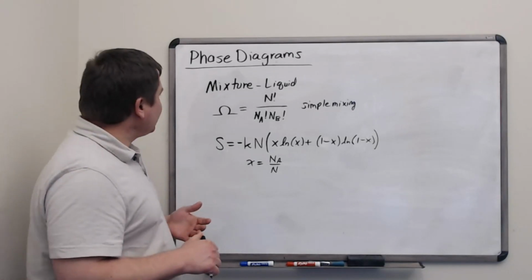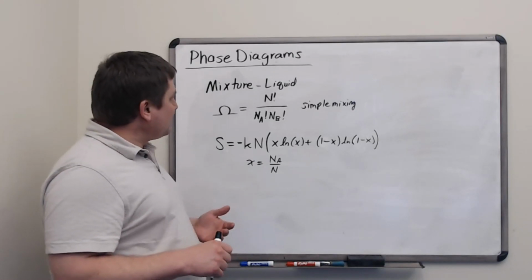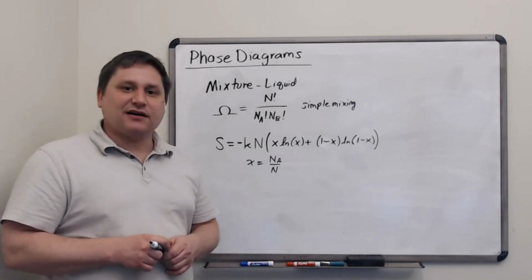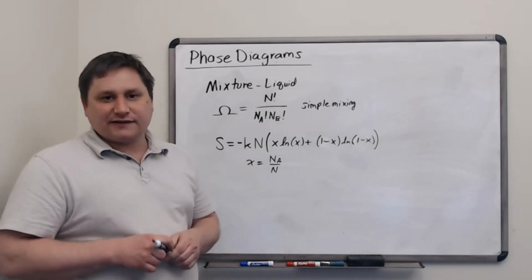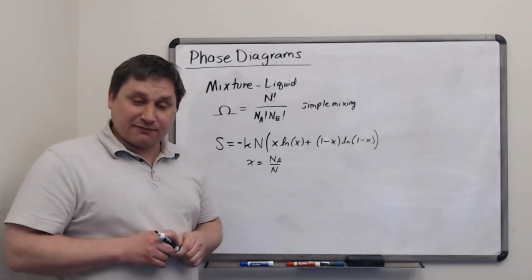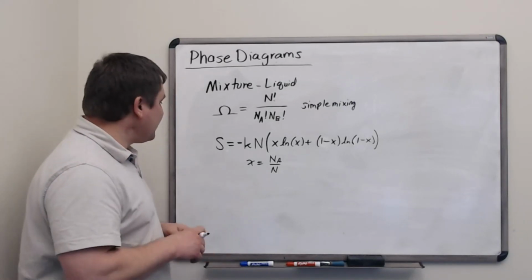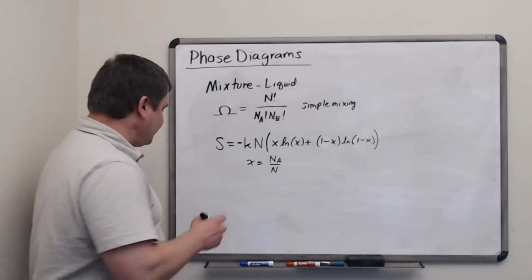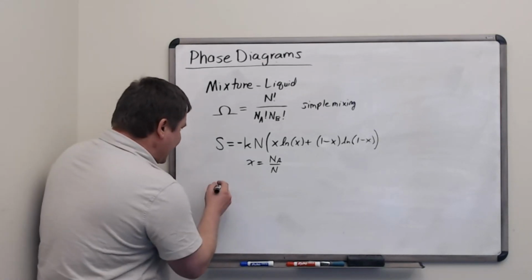But since this is supposed to represent a mixture of liquids just sitting in a beaker, then in all likelihood this is going to be an experiment that's carried out at constant pressure. So we're going to go with the Gibbs free energy here because of the constant pressure and the variable temperature. So we have an expression for the entropy.